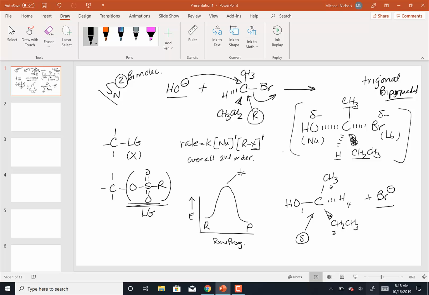Then it got more tedious: how does the OH attack? Does the OH attack from up here? Does it attack from here, front side attack? Does it do back side attack? The easiest way to determine that was to use a chiral molecule and determine whether from the front side attack the OH would go right where the bromine was, so R would stay R. That's not what they found. They found it was backside attack, so the configuration of the molecule would change, or what we call invert. So this undergoes inversion of configuration.